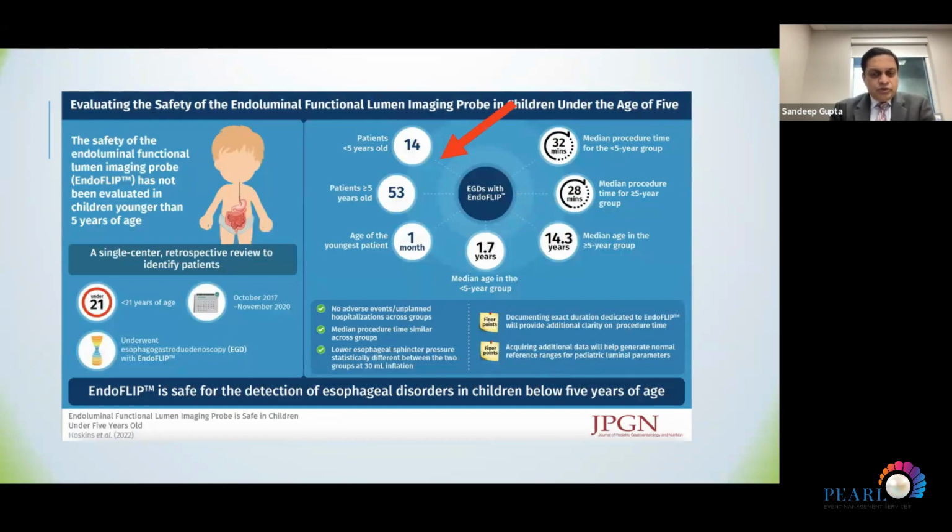Interestingly, they found that the two groups behaved similarly. There was no increased risk of adverse events, or difference in median procedure time or other issues, using FLIP in children under the age of 5 years compared to those ages 5 and older.